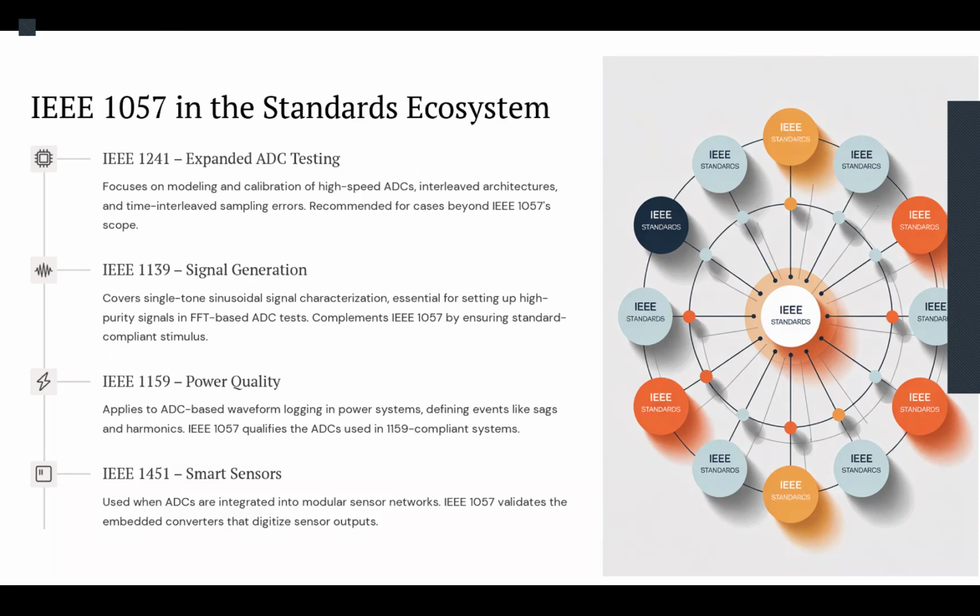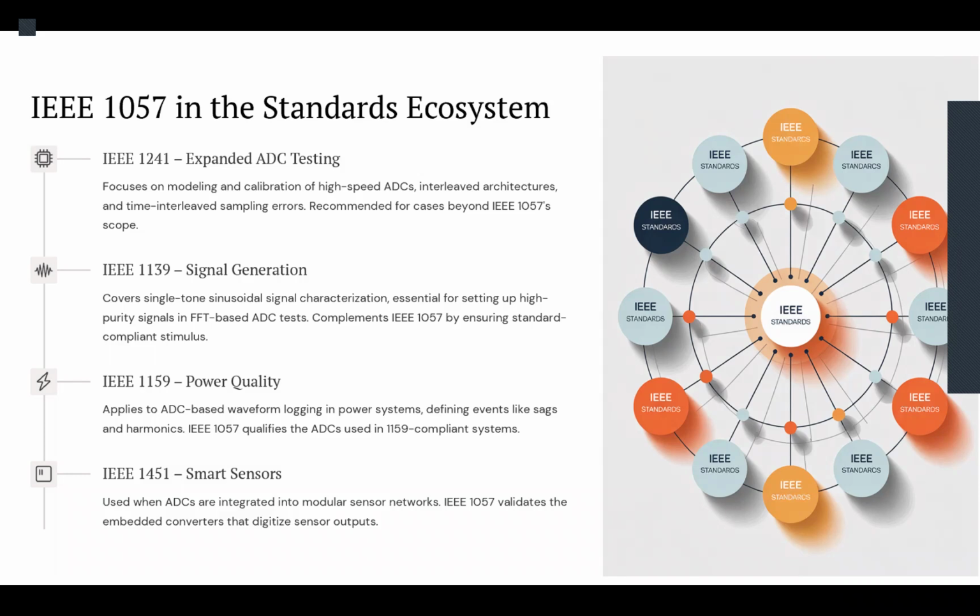IEEE 1241 is the expanded ADC testing standard and focuses on modeling and calibration of high-speed ADCs. It is recommended for cases beyond the IEEE 1057 scope. IEEE 1139 talks about signal generation. It covers the single-tone sinusoidal signal and is essential for setting up a high-purity signal.